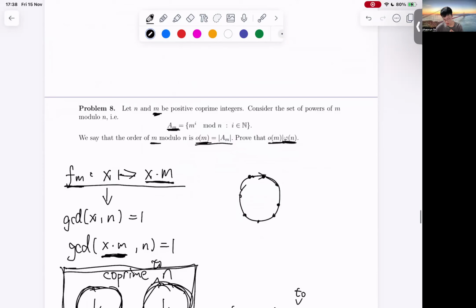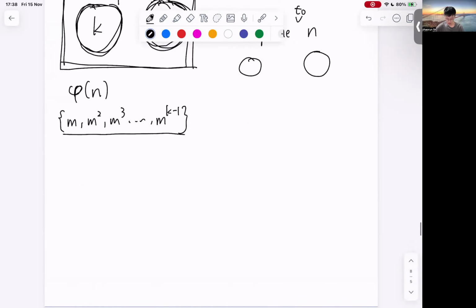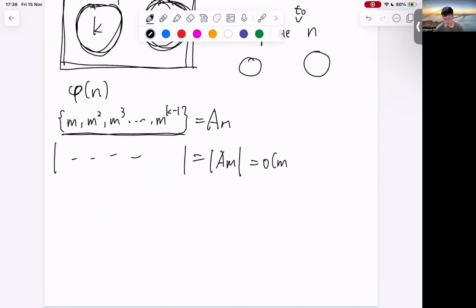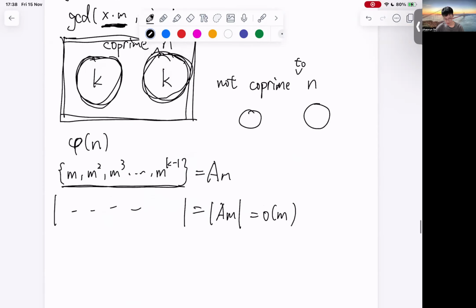Since A_m is all of the powers of m modulo n. So this set is A_m, and its size, the size of A_m, is simply the order of m.